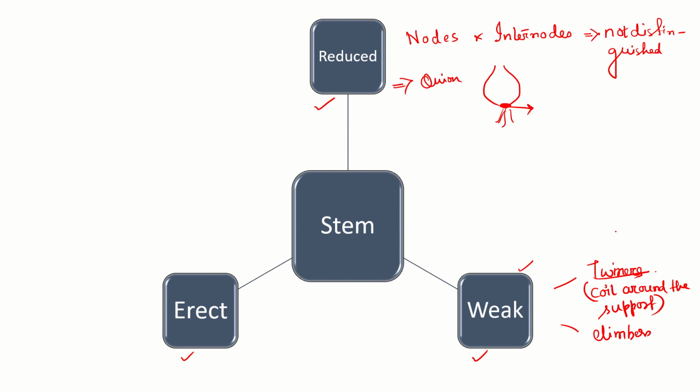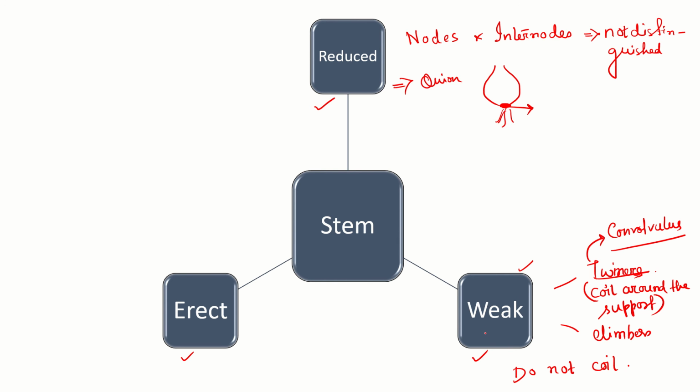An example of twiners can be convolvulus. This is one important example. Climbers, on the other hand, are unable to coil. They do not coil.